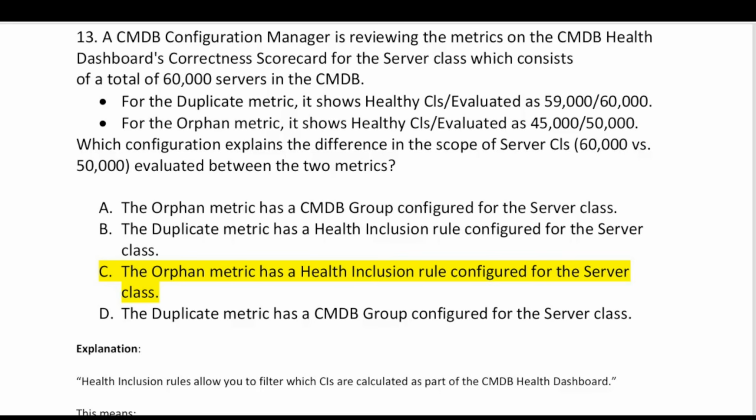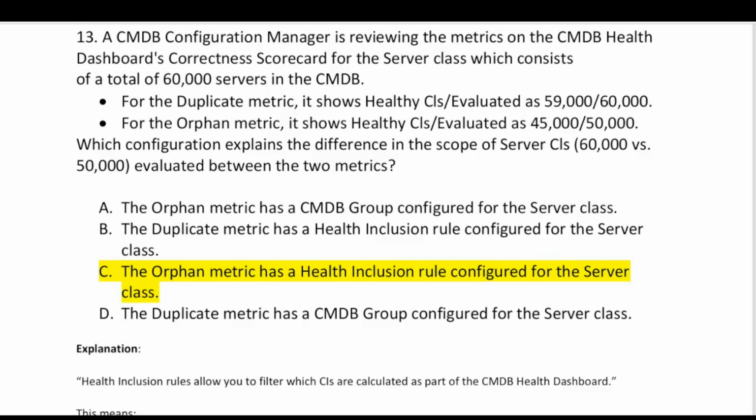Which configuration explains the difference in the scope of server CIs, that is 60,000 versus 50,000 evaluated between the two metrics? Option A, the orphan metric has a CMDB group configured for the server class.